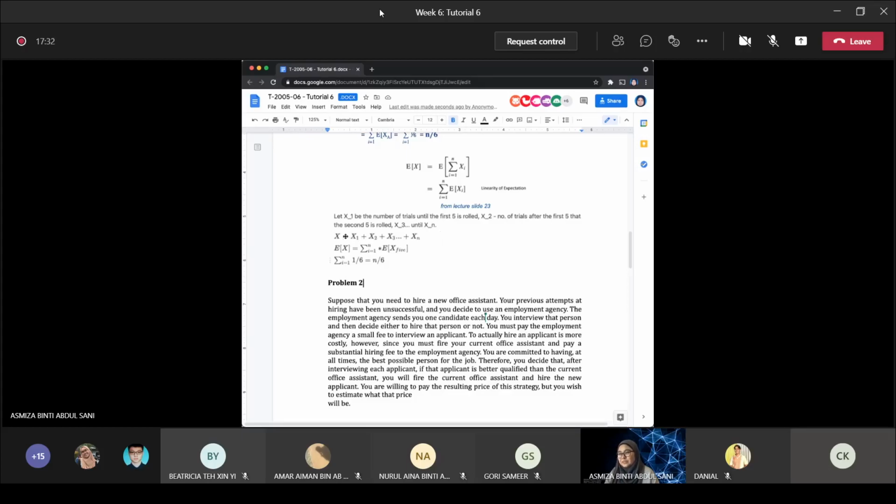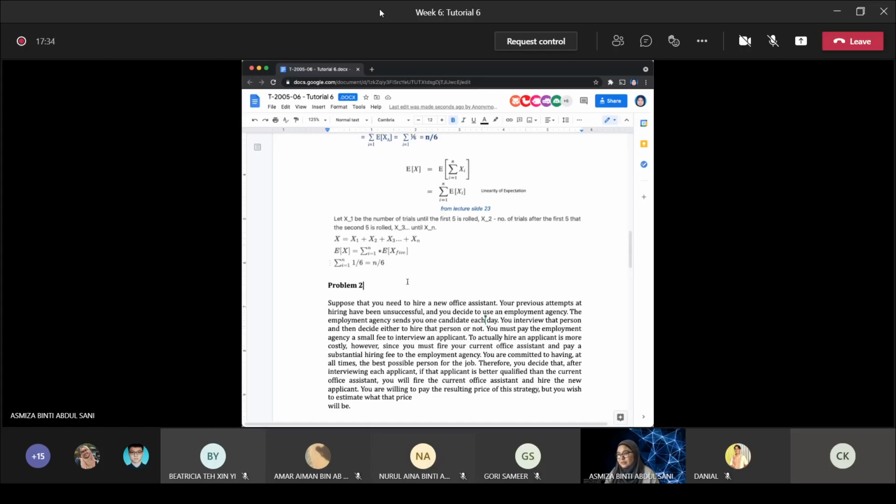Okay, so basically here your friend did extend it a little bit. What it means by the expected time for the 5 throws is that it equals the expected cost for the first throw, the expected cost for the second throw, and so on and so forth.